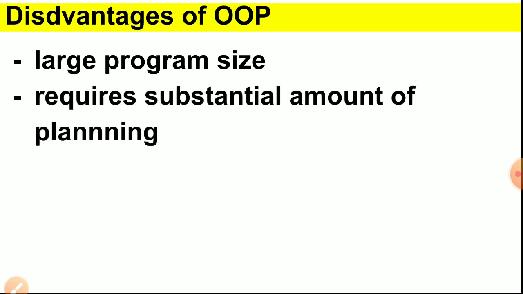Next, it requires a substantial amount of planning. Let's say you are working on a banking application again. You will dedicate a lot of time before you actually start coding.